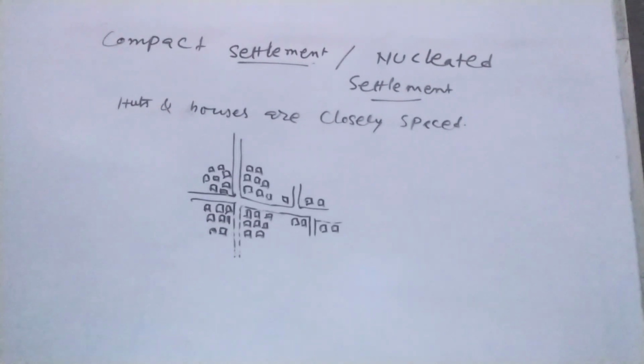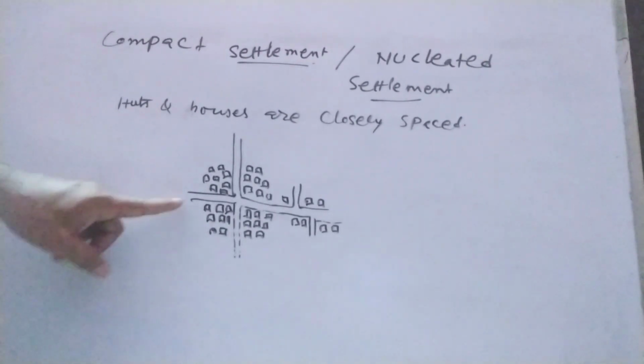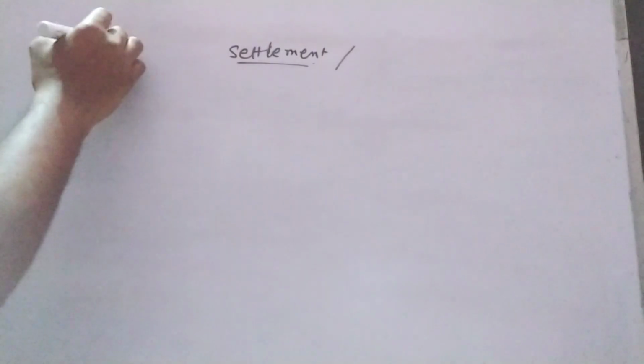Basically, this kind of settlement is found in river valleys or fertile plains, where people can earn their livelihood easily, and all other facilities are available, like occupation or job opportunity or favorable climate.